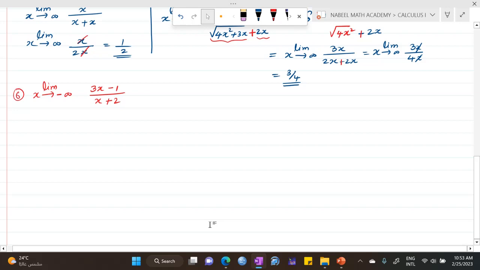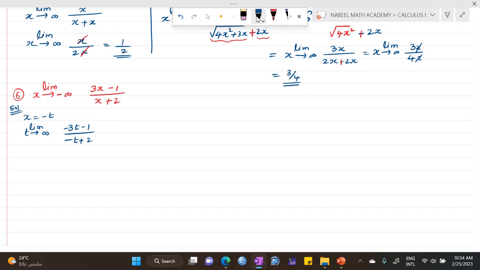Suppose I change this one as t. Let us substitute x equals minus t. Then t approaches plus infinity. So I just convert the x in terms of t. So you will get here 3 times minus t minus 1 over minus t plus 2.